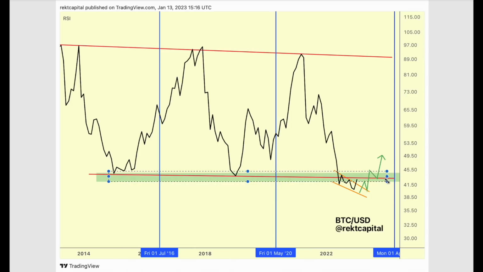And by following through on this later stage of the green pathway, Bitcoin would confirm a bullish trend on the RSI.